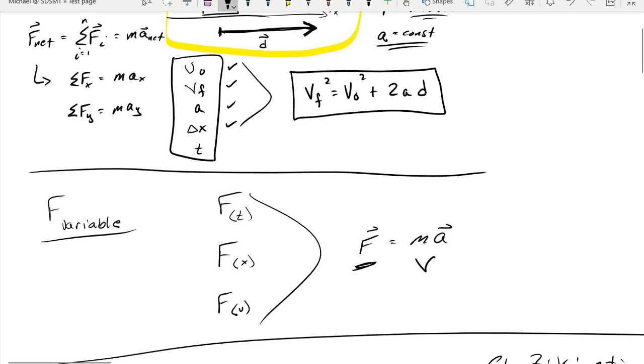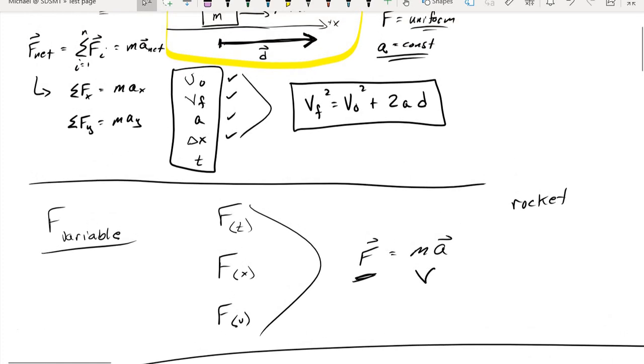It could be the mass, it could be the acceleration, it could be both. In the case of a changing mass, a really good example of a system that would have a changing mass would be something like a rocket. As a rocket blasts off, it expels some of its mass in the form of exhaust. And so the mass of the rocket changes. If the mass of the rocket changes, then we could end up with a variable force, but we could also end up with a variable acceleration.